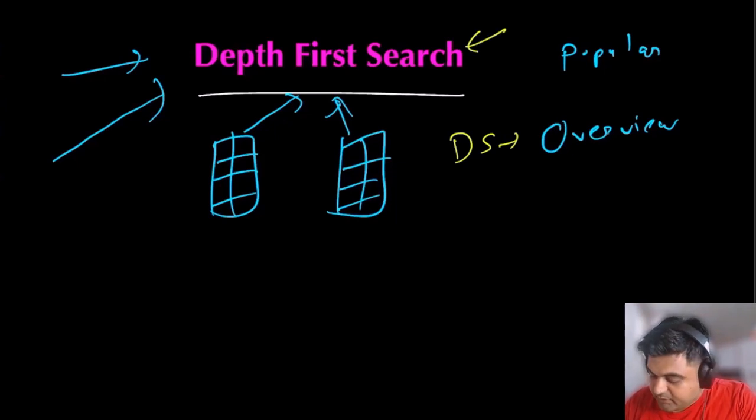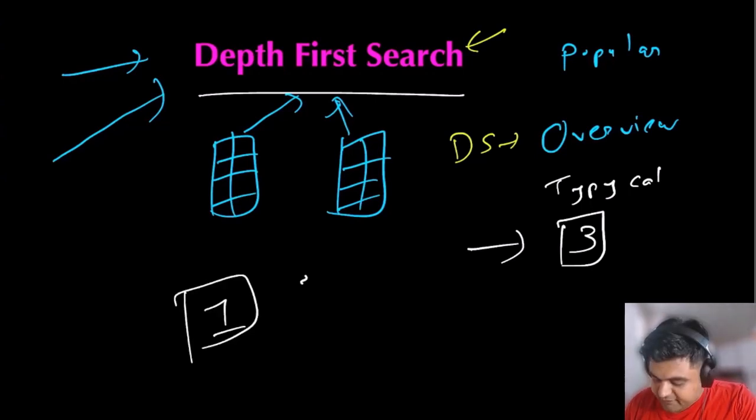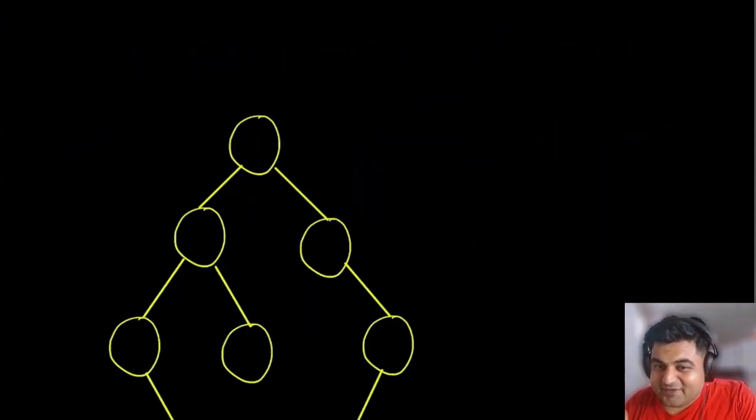Second, I'm going to talk about what the typical workflow looks like for a depth first search kind of problem, and in the end I'm going to show you 3 different real life LeetCode problems that have been really popular and have been asked in a bunch of different big and small companies all across the world. So please, I urge you to pay extra attention, because this video is going to be full of so much information that you only need to learn once, and then you would be able to use it forever in your interviews.